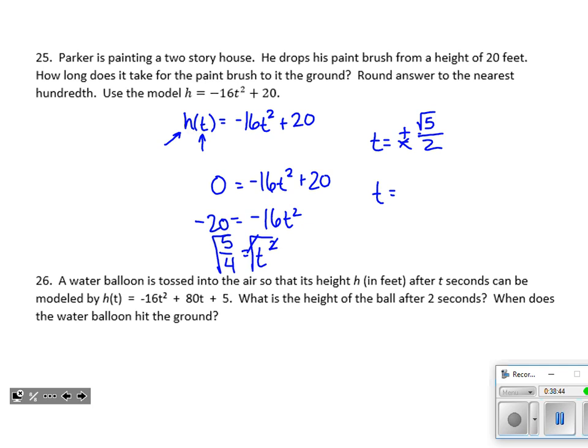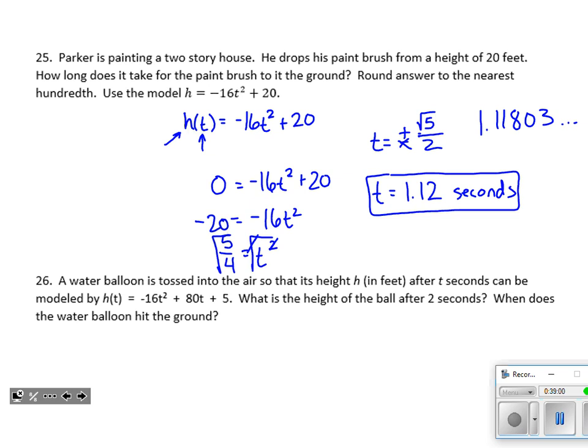We just simply type in square root of 5 and divide it by 2. And I get 1.12 seconds. Of course, rounding to the 100th place, the actual answer on my calculator was 1.11803 and so on, but the 100th place, I'm looking at what follows that second 1, and since it's an 8, I would round that up.